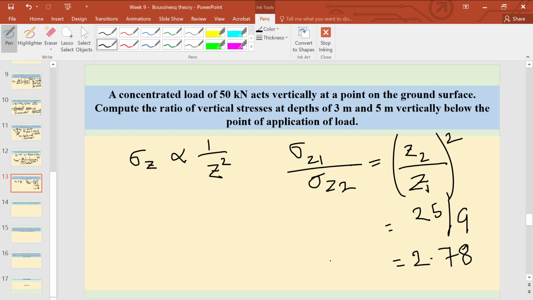Is this the value you have got? Yes, sir. So only the ratio of the vertical depths. Okay. Next sum.